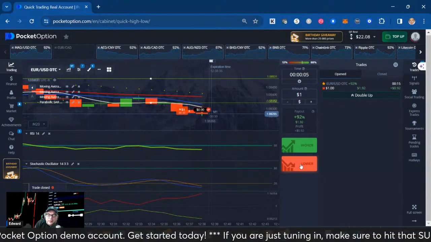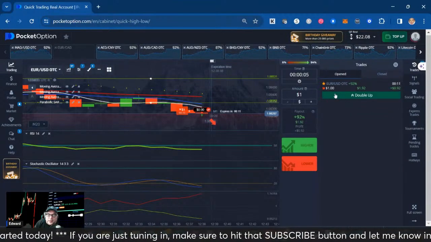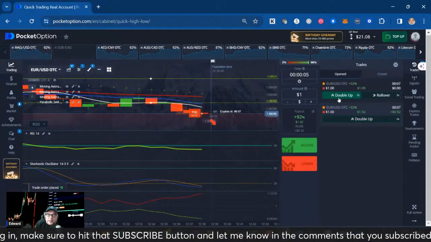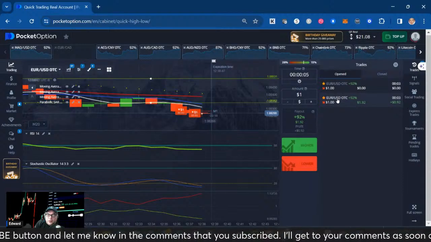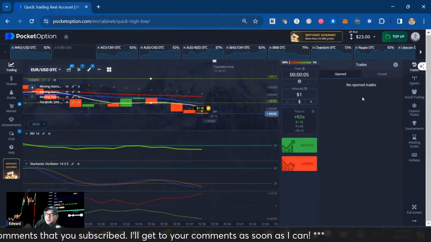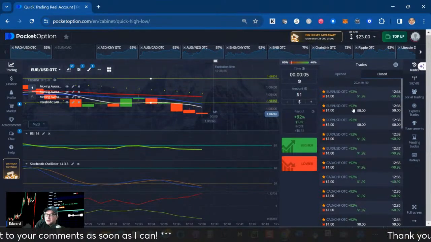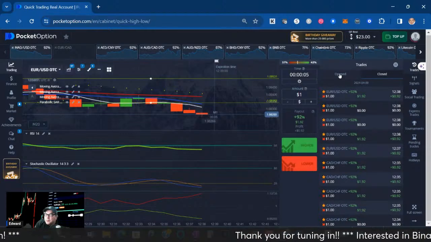Did not get that one. 14 seconds left on the original entry. 7, 6, 5, 4, 3, 2, 1. And there was a tie. Looked like there was a tie. Nope. $1.92. Okay. So yeah, it looks like I got two of the 4 of that one.